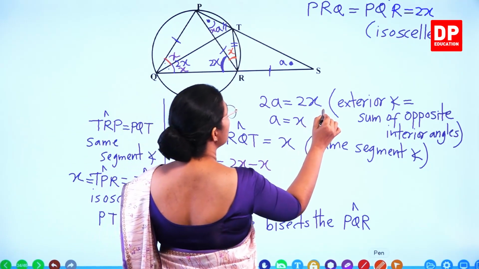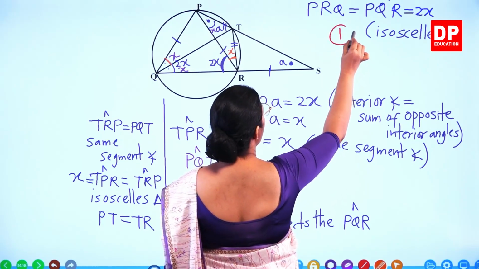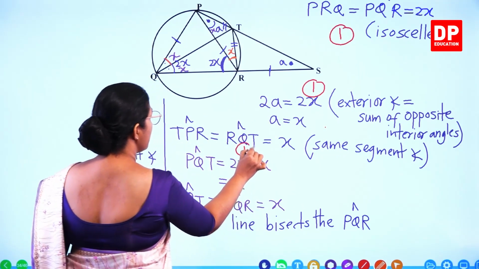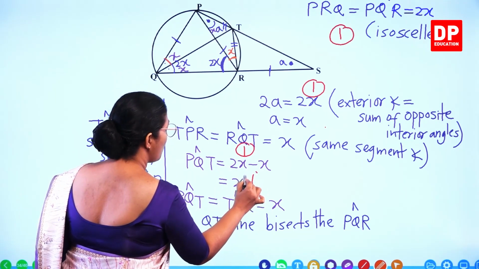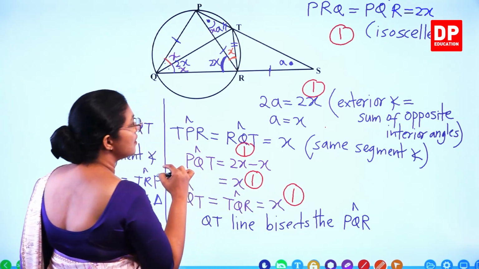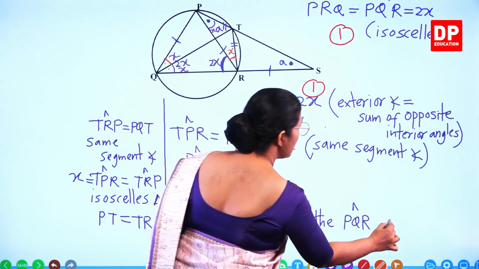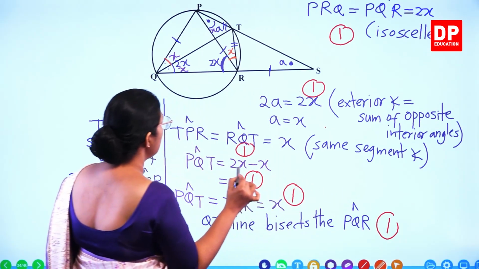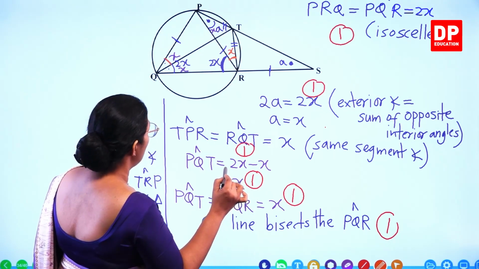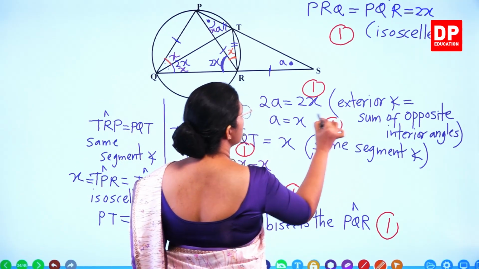We'll give 1 mark each: 1, 2, 3, 4, 5, and here 1 mark, and another 1 mark for showing this one.